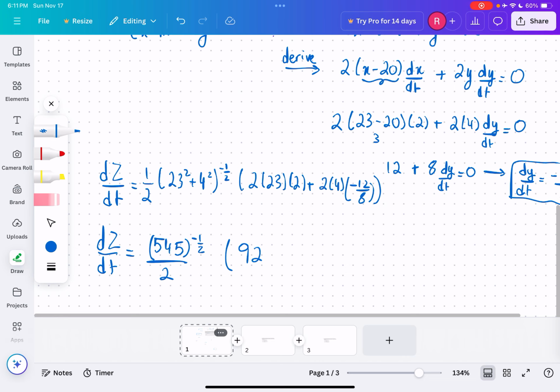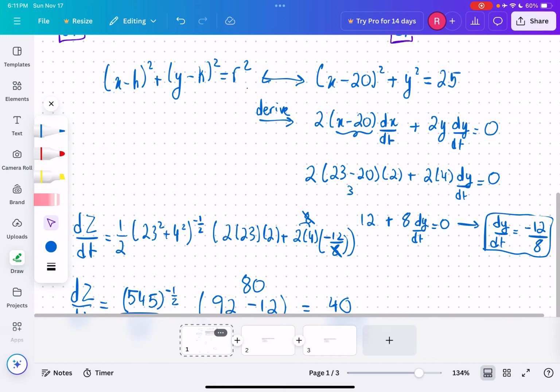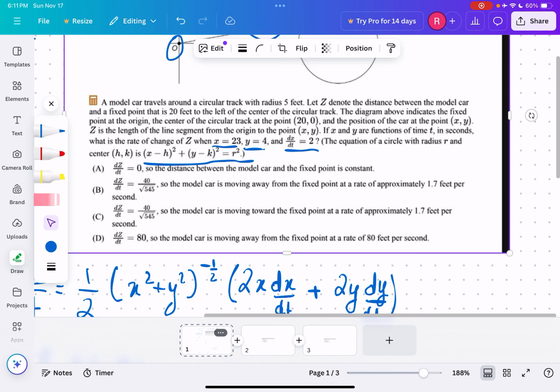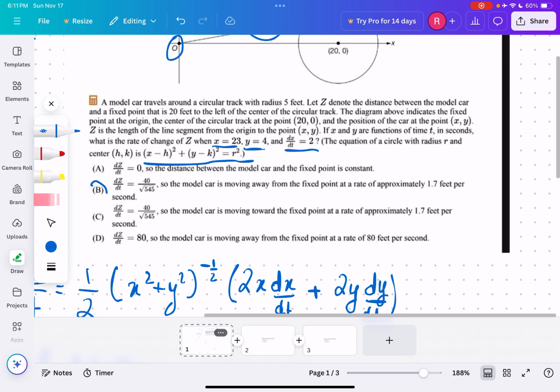And over here, 4 times 2 is 8, and then the 8 and 8 cancel each other out, so it's minus 12). Then you're left with 92 minus 12, which is 80, and 80 divided by 2, the 2 over here, is 40. So the answer is 40 over the square root of 545, which is letter B.